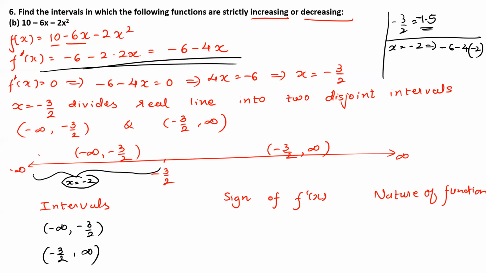We just wanted the point where the slope is 0, because before that it will be decreasing or increasing. So we just wanted the interval of x for which it is decreasing. That is why it is minus 6 plus 8, which is greater than 0. That means the nature of the function is strictly increasing.